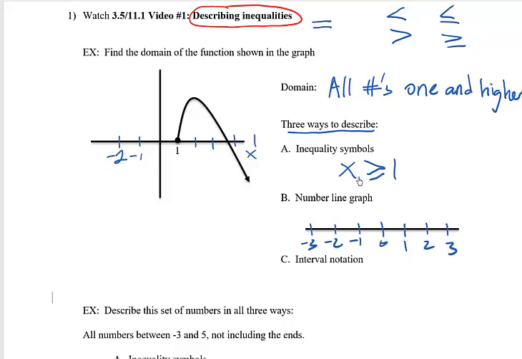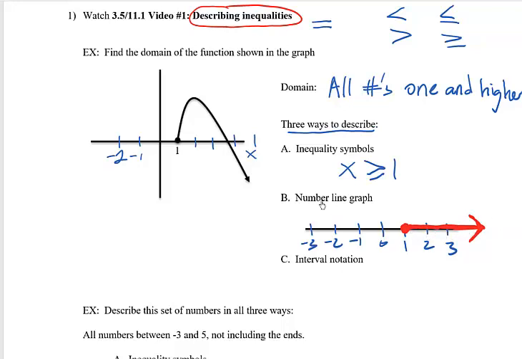We said 1 and above, so you would mark some scale like I've just done on your number line, and then right on the line, not above or below it, color in all the numbers that we're trying to describe. We're starting at 1, and then we're saying everything higher than 1. The filled in circle here at the start tells me I'm starting at 1. The arrow at the end means this goes on forever, 1 and above. So that's a number line way of describing this set of numbers.